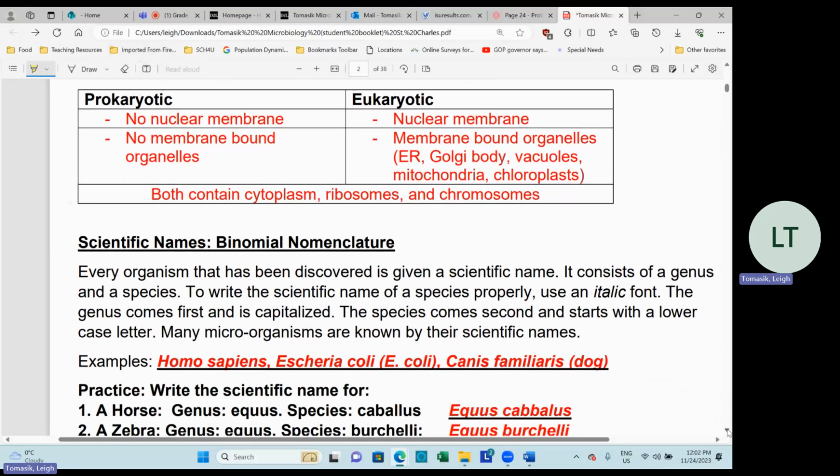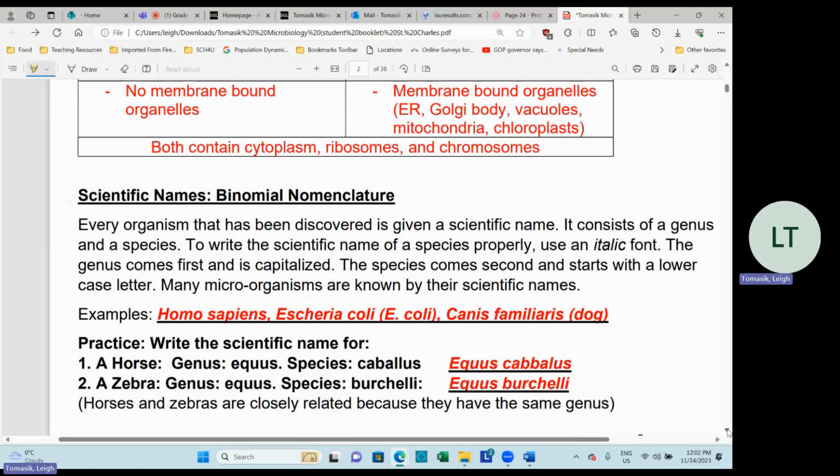Now, in this unit, we may talk a little bit about organisms by their scientific name. Okay, every organism that has been discovered on Earth is given a scientific name, and the reason for that is because scientists, no matter what language they speak, need to be able to talk to one another.